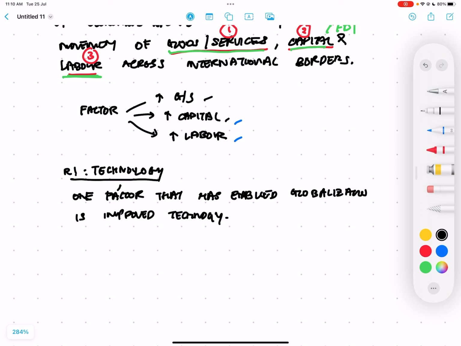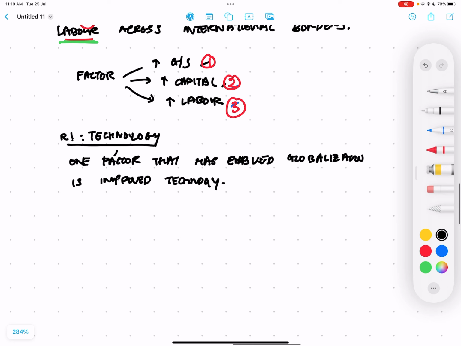Maybe I'll label each of them: goods and services is number 1, capital is number 2, and labor is number 3. For my factor, I'm going to start off with technology helping me move goods and services first.